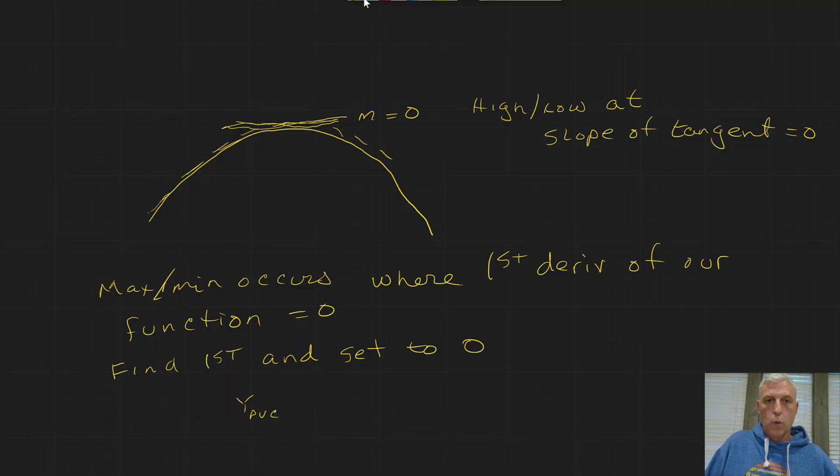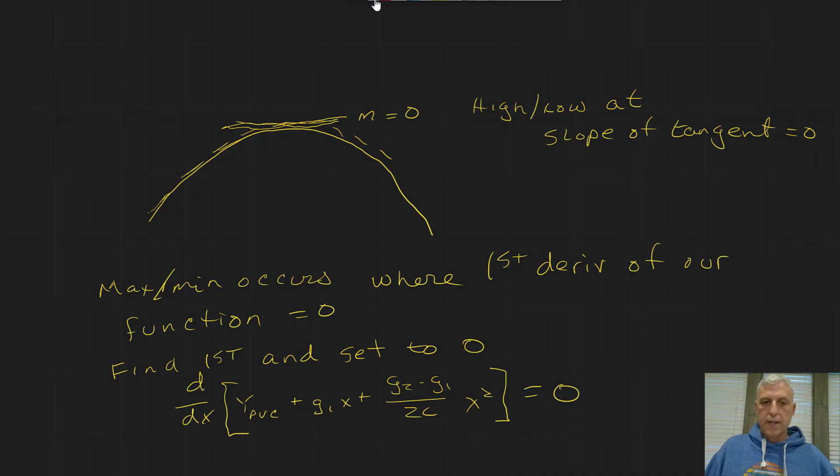So our function is y PVC plus g1 x plus g2 minus g1 over 2L x squared. So find the first derivative and set it to 0. That's what that statement means in math lingo.